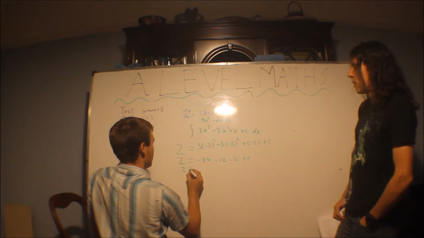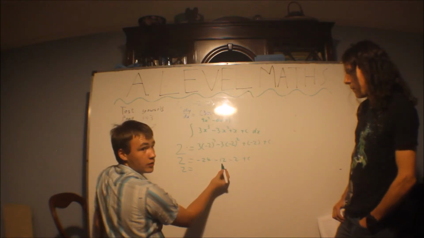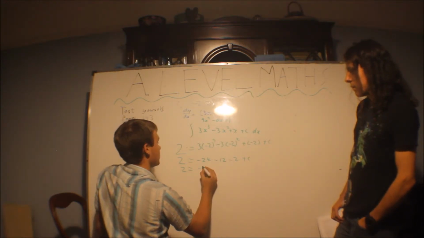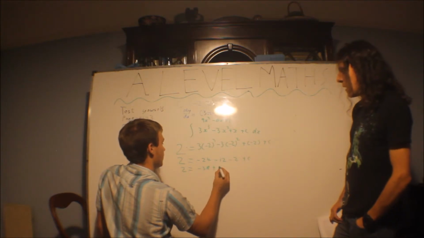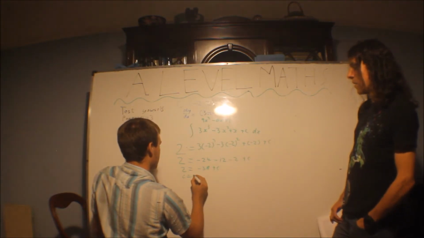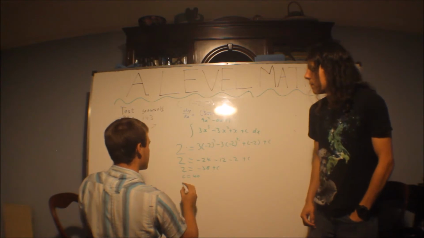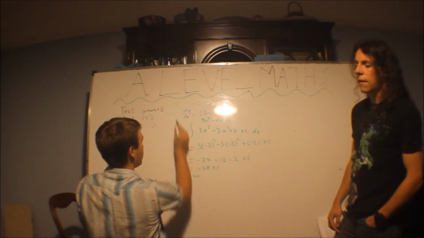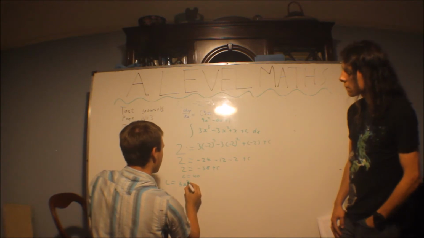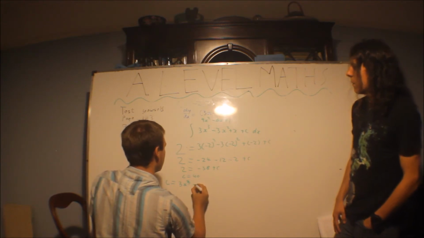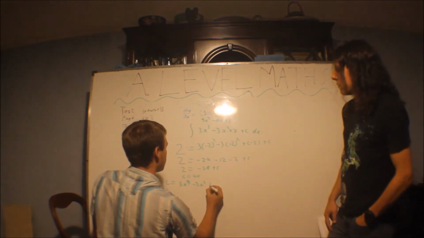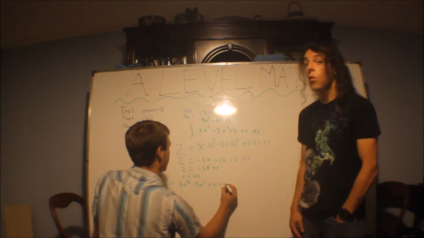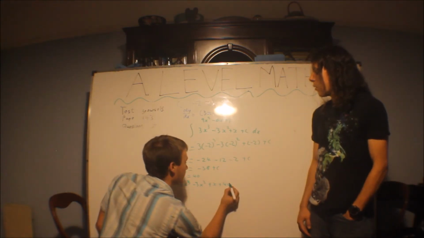So, 2 equals minus 24, minus 12 is minus 36, minus 2 is minus 38, so c must be positive 40. So as a final answer, you'd put y equals 3x cubed minus 3x squared plus x plus 40, and that would be your equation.